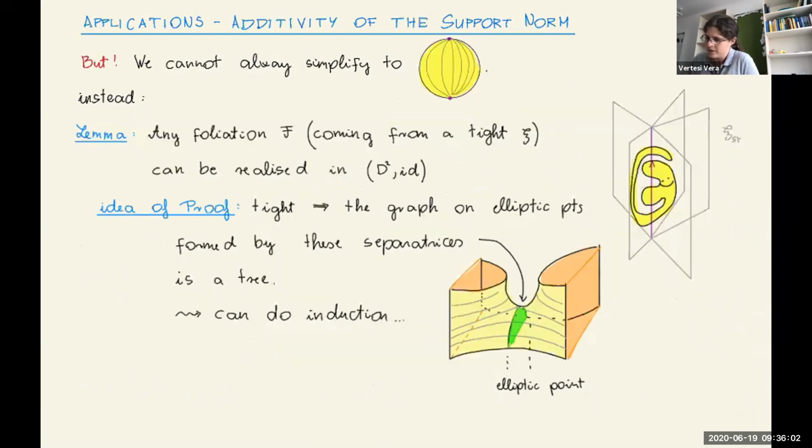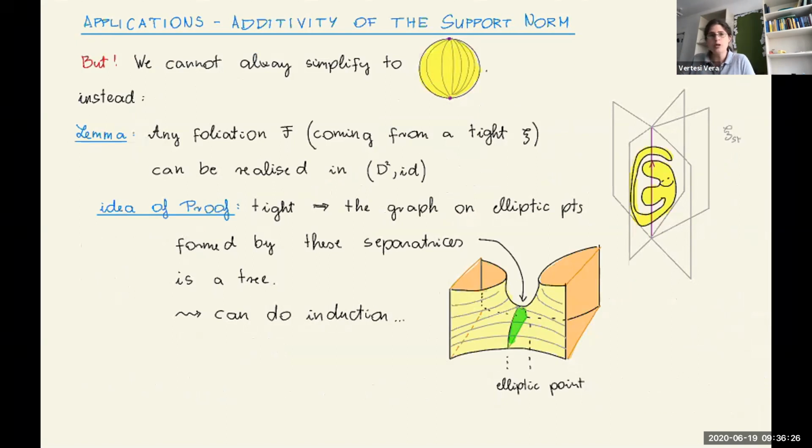One way to prove this theorem from here would be to say that you can always make sure the foliation looks like this on that sphere, but that's not true. If that was true, then the support genus would be additive, and it's not.